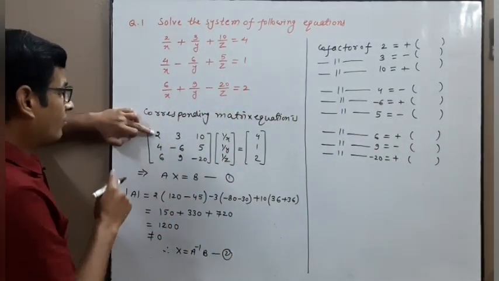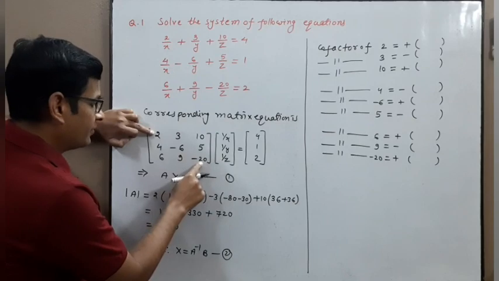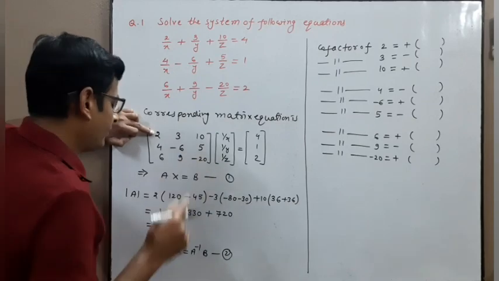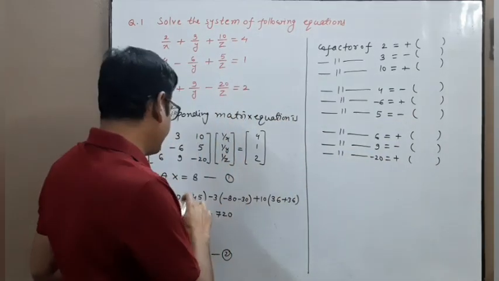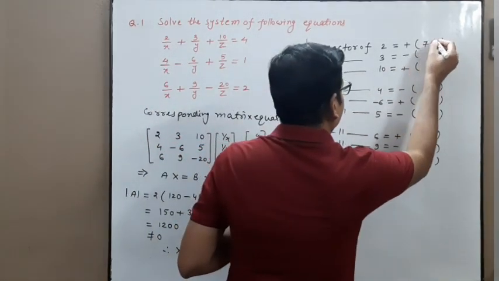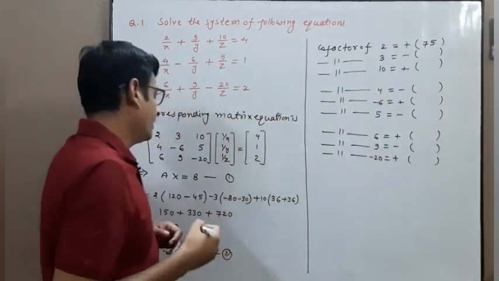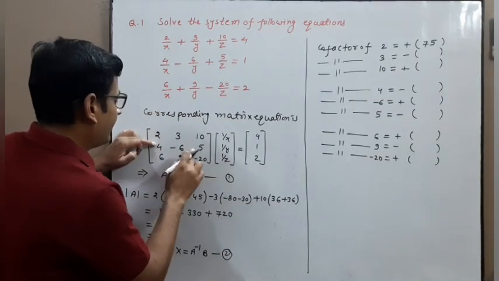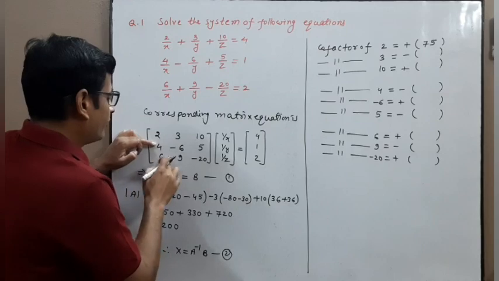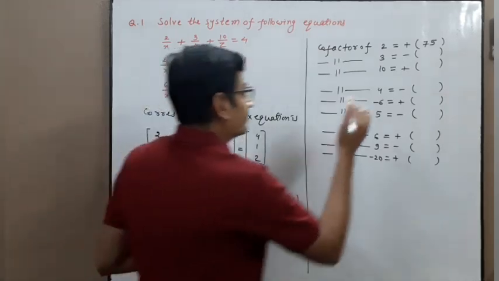Now cofactor of 2: this into this, 120 minus 45, so 75. Cofactor of 3: minus 80 and minus 30, so minus 110.